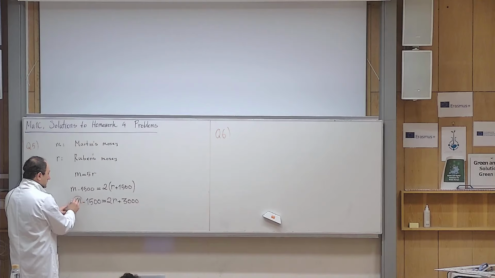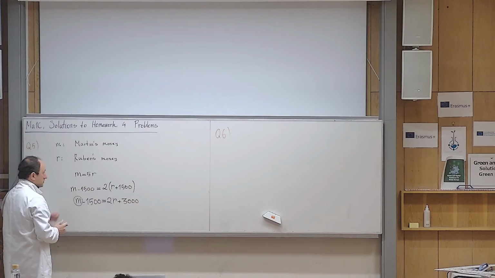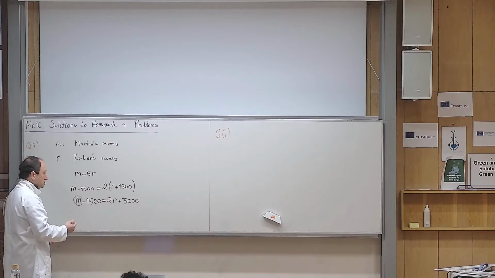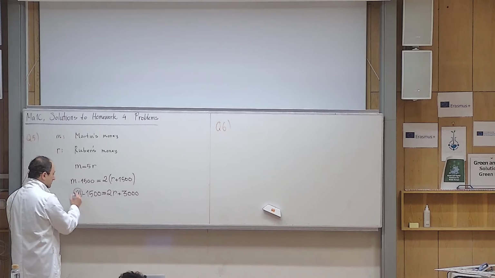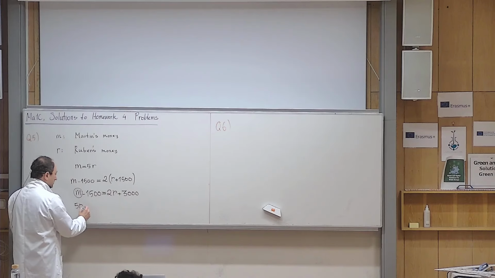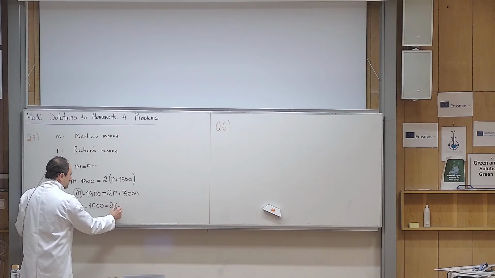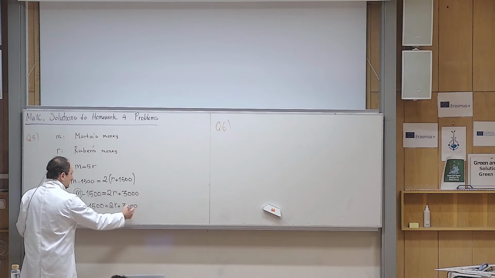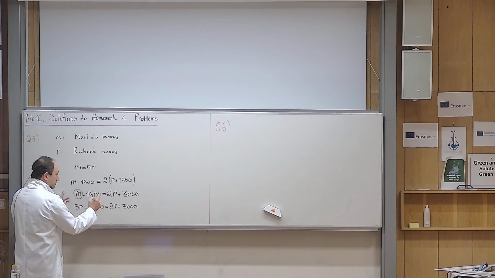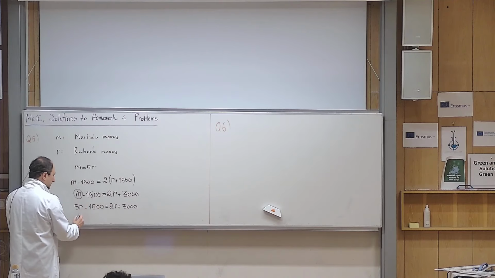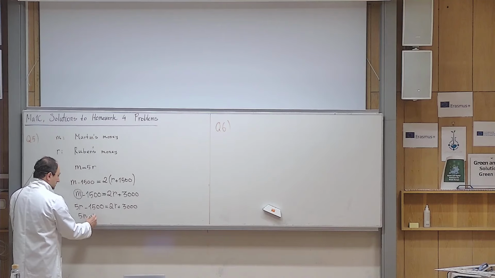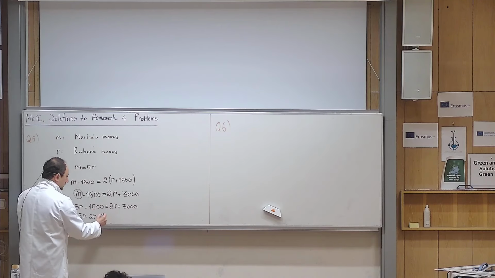Can I replace M with 5R? Yes, because you are telling me that M is equal to 5R. So it doesn't matter if I replace M with 5R: 5R minus 1,500 is equal to 2R plus 3,000. Then this is a very simple problem. You have just R, which is your unknown. You move them to the left, and then you move this one to the right.